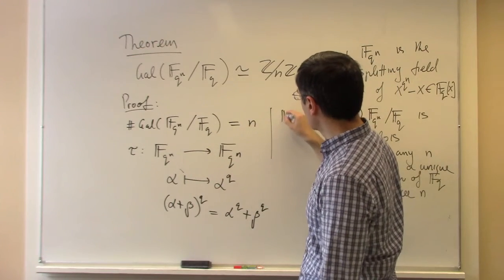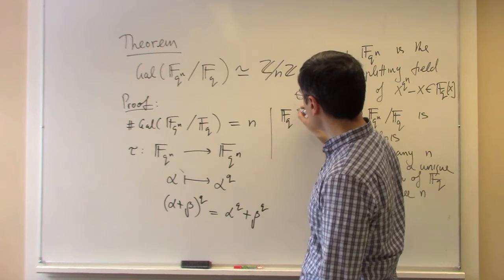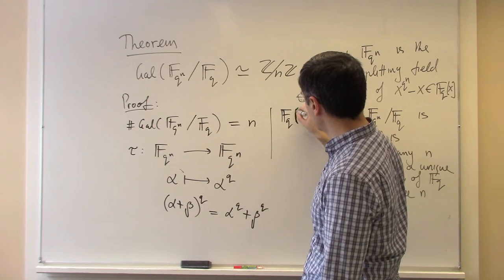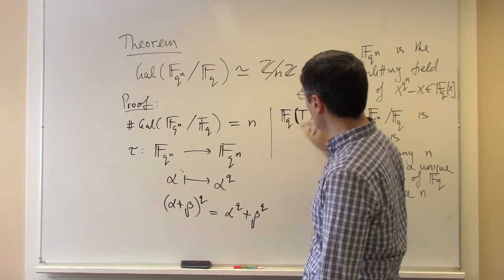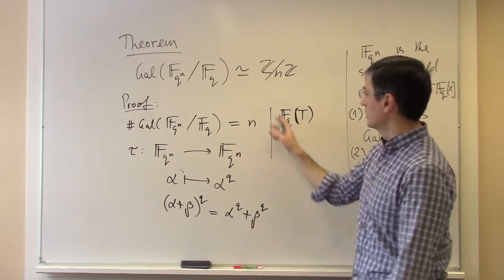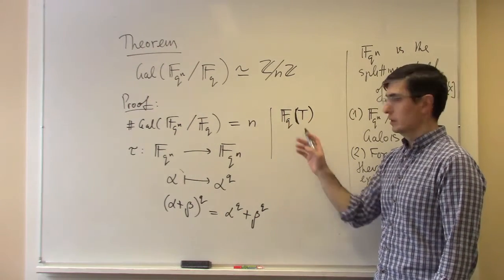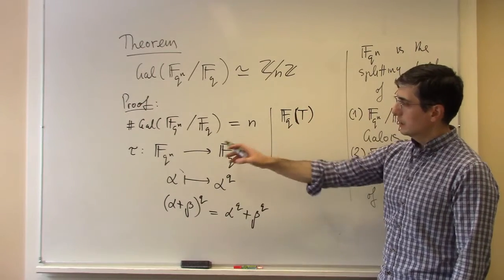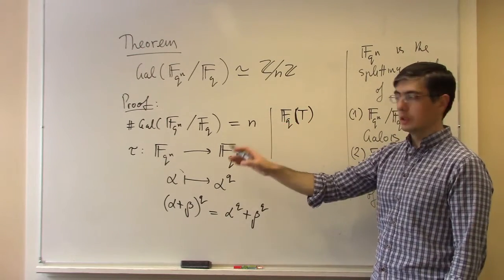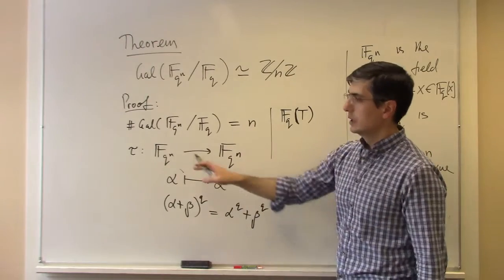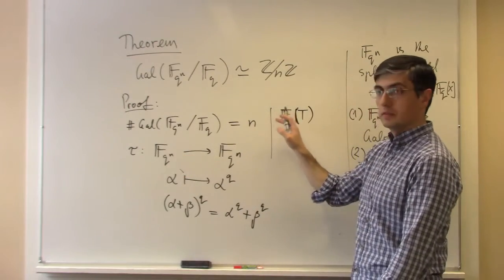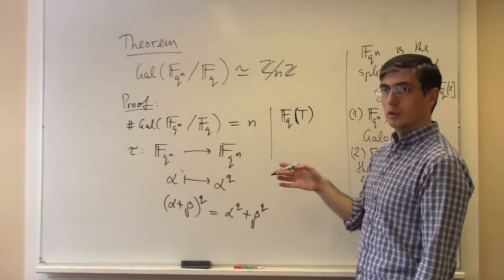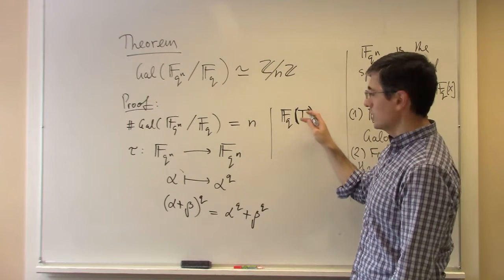Just a side remark: if you're working with this field, so you take Fq(t), okay, so rational functions in indeterminate t, then you have the same map, the raising to q power map. It's again a homomorphism from this field to itself, but it's not an automorphism because it's not surjective.